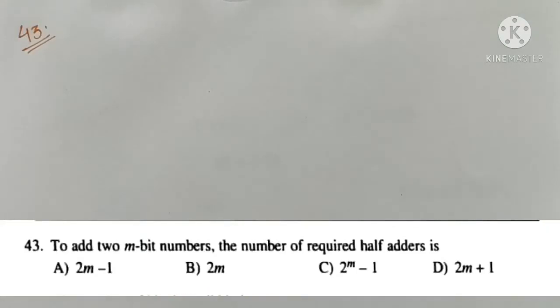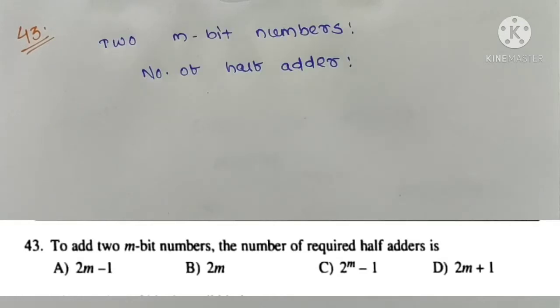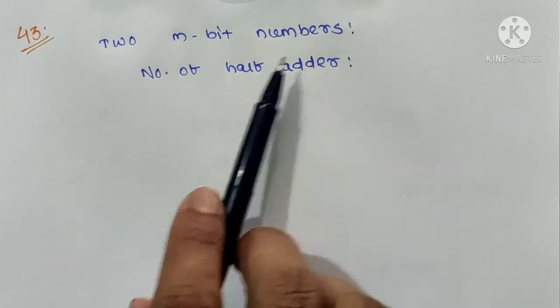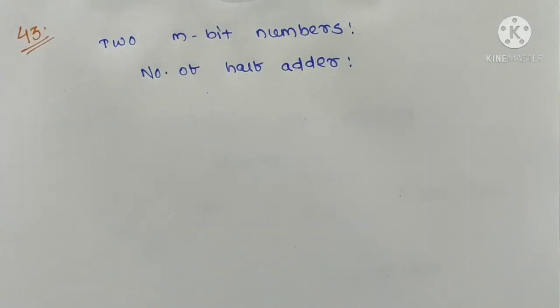Question number 43. To add two m-bit numbers, the number of required half adders is. To add two m-bit numbers, we have to find the total number of half adders required.